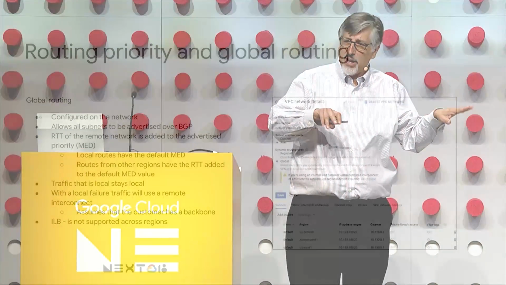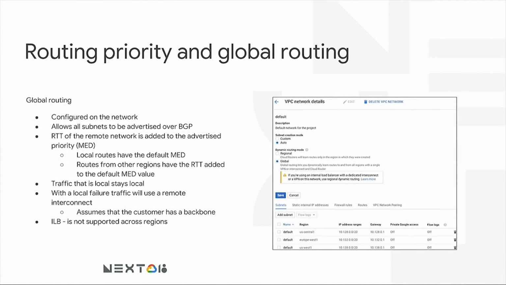We also talked a lot about global routing, and I want to go a little bit under the covers on how global routing works and what you get out of global routing. So when you set up global routing, that means all the subnets are advertised over your BGP session. If you have multiple connections to GCP, you want to make sure that you're using the optimal path. So for instance, if you have a connection in Tokyo and one in Chicago, you don't want your data center in Tokyo to go over your backbone and come into Chicago.